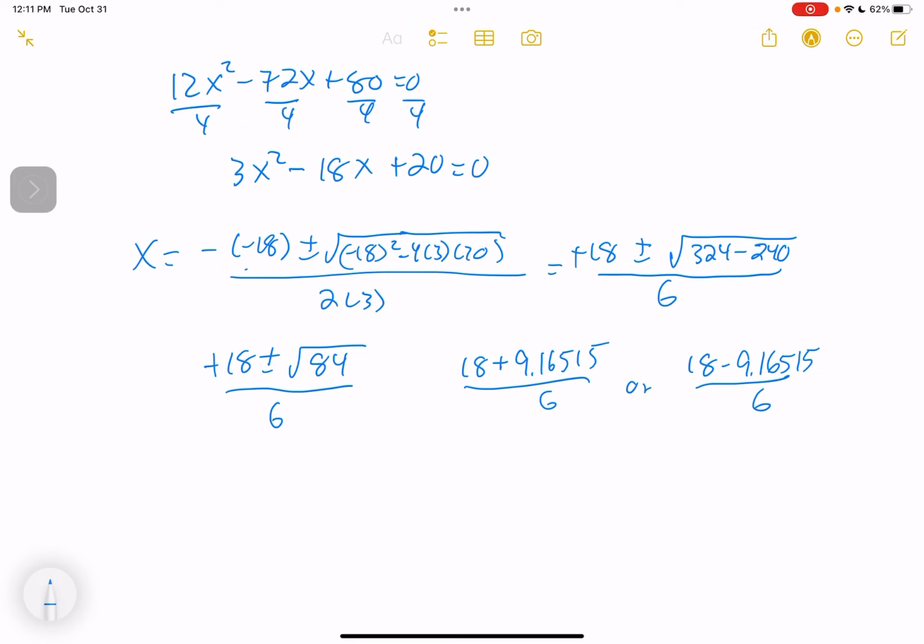So in the first case, I'm going to add 18 and then divide by 6, and I have 4.527. Is that a reasonable number?